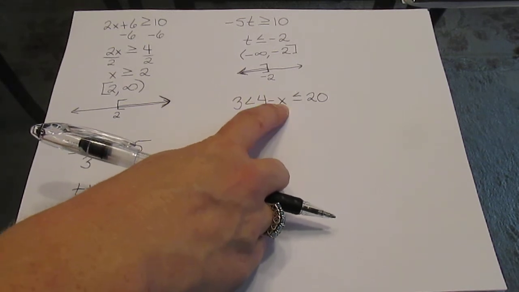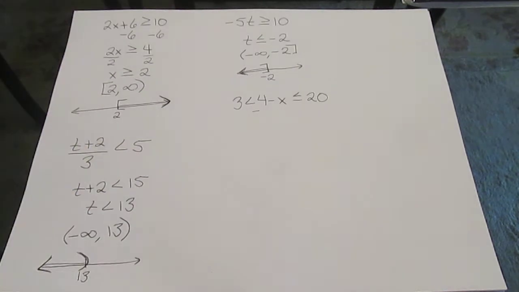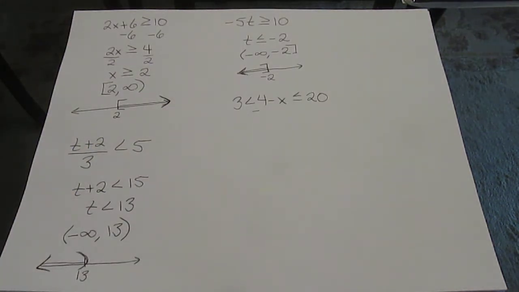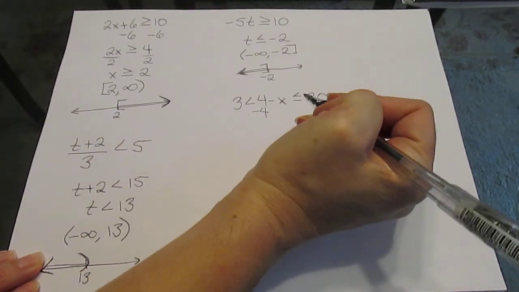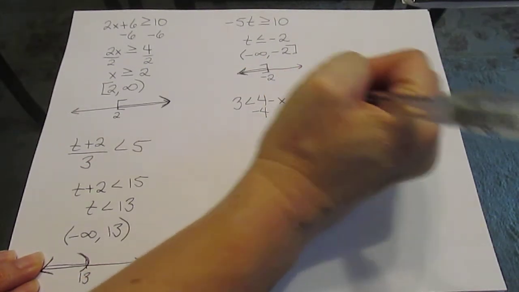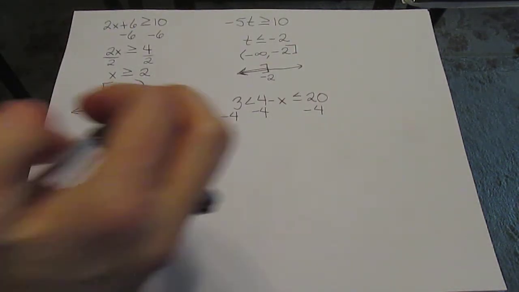To get x by itself, we need to get rid of the 4, so we'll subtract 4 from each part here. It's like we've got 3 sides going on. Make sure you do the same thing to all 3 parts.